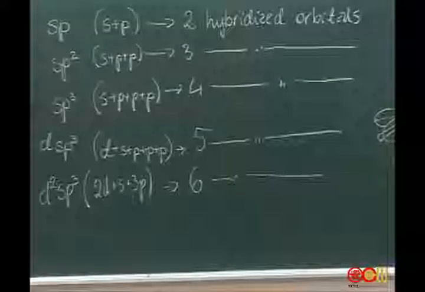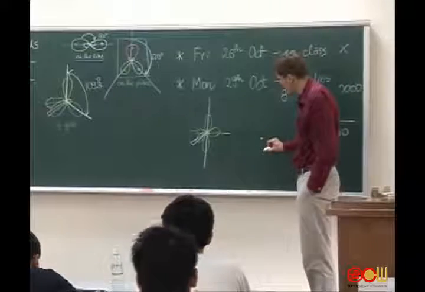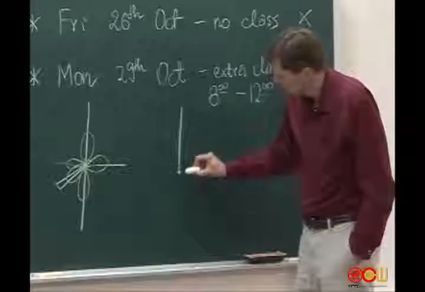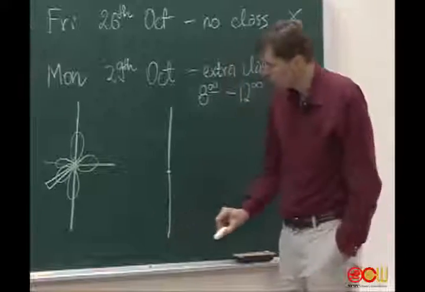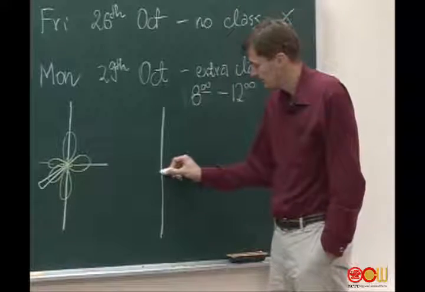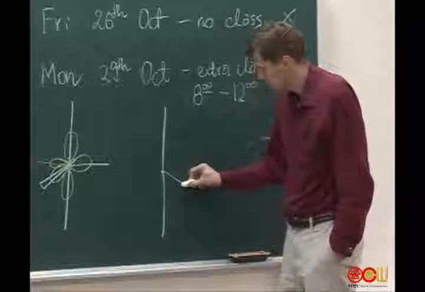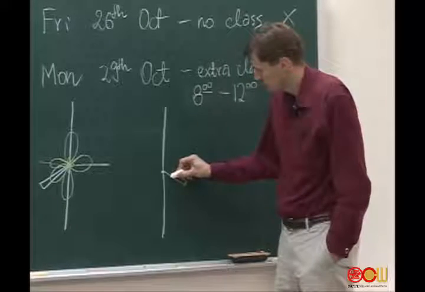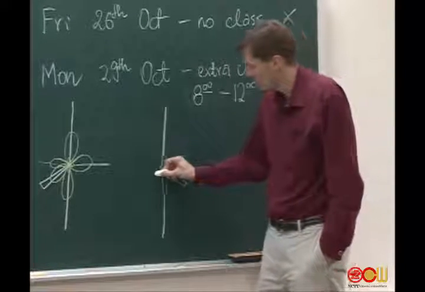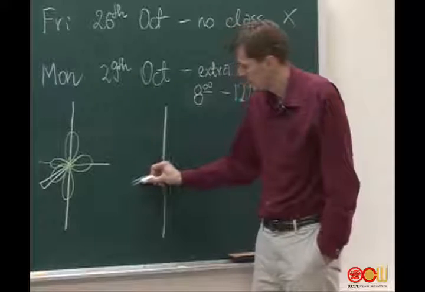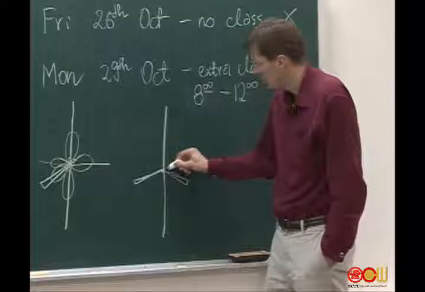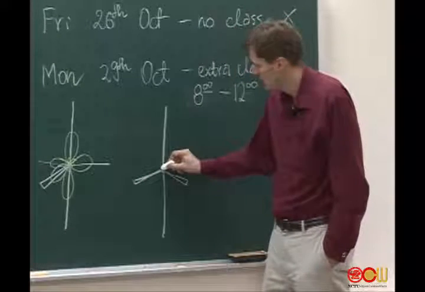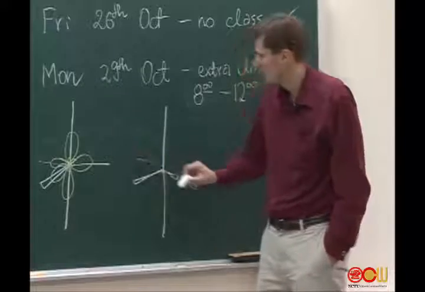And this one will look like that. We have the central atom in the middle, one of them at the bottom, one of them at the top. One of them sticking this direction, one of them sticking this direction, one of them behind, and one of them behind.